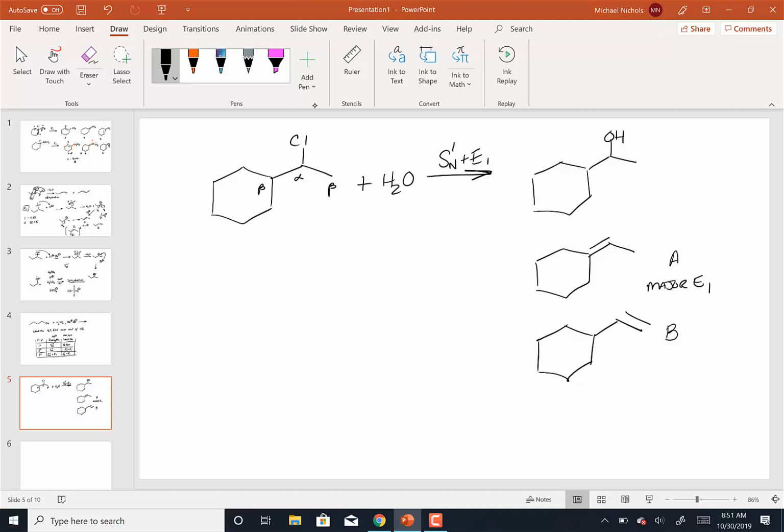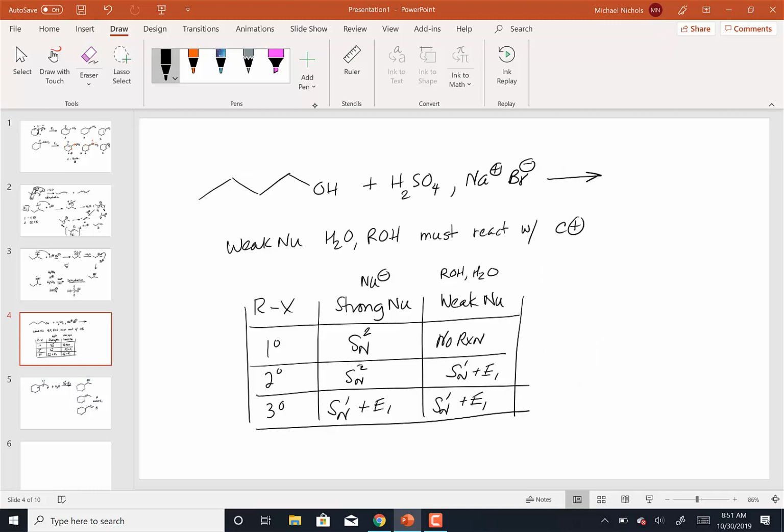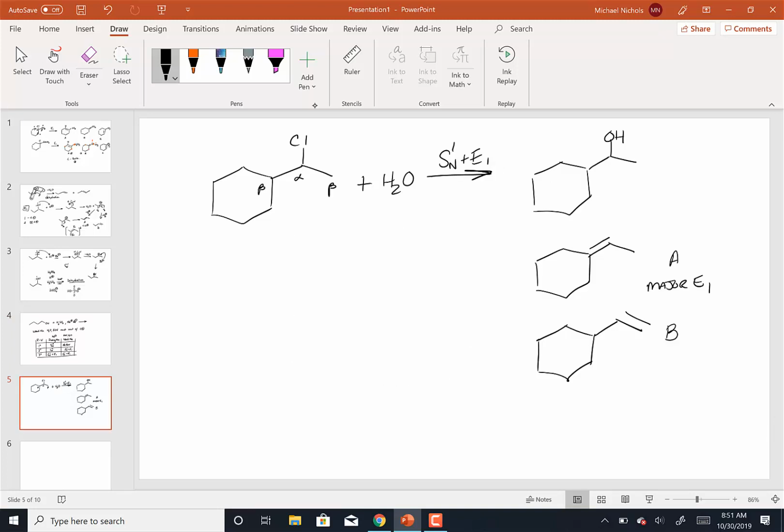Kaylin? I'm confused because in that part it just said that the secondary is only SN. In my chart, I added the E1 to it. Okay. Julia? Would you have to choose between the SN1 product and the major E1 product? Is the SN1 product always going to be a major product? Yes.